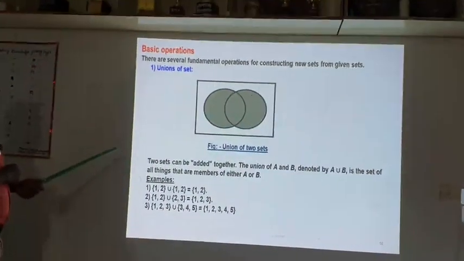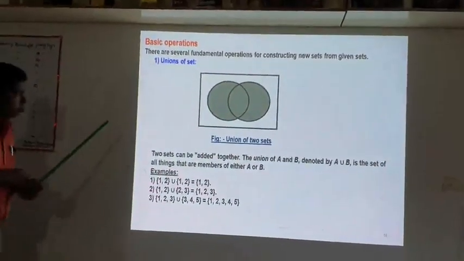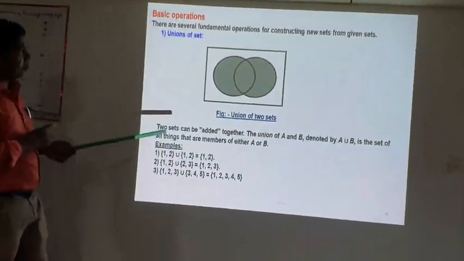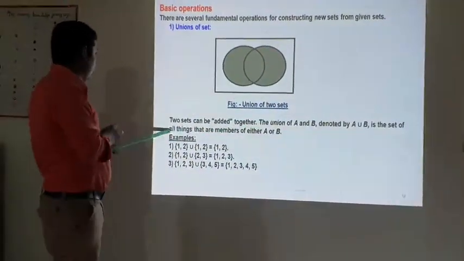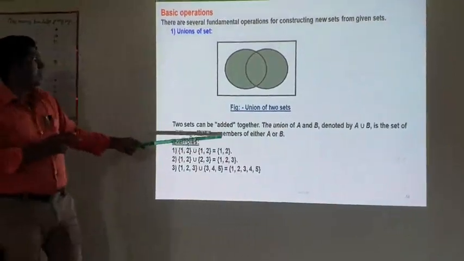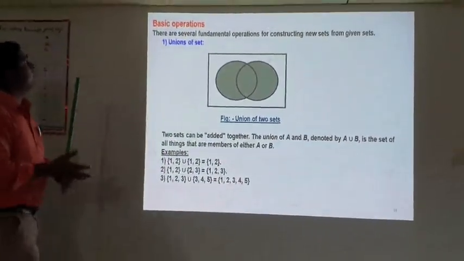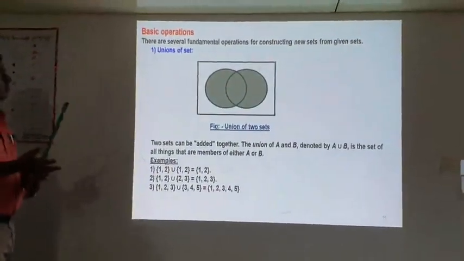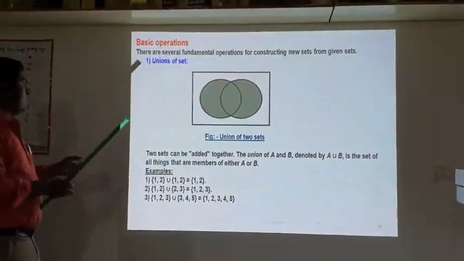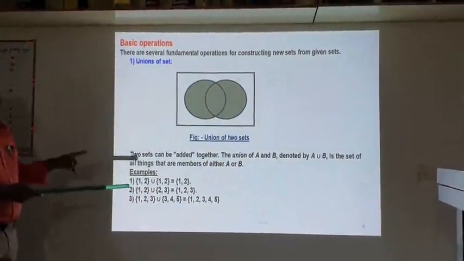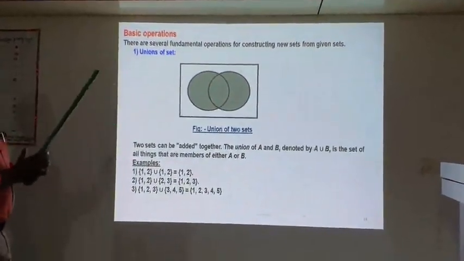Two sets can be added together. The union of A and B, denoted by A union B, is the set of all things that are members of either A or B. It means there are two sets A and B, then all elements of either A or B represent the union of two sets.